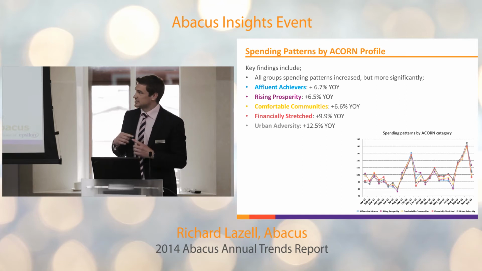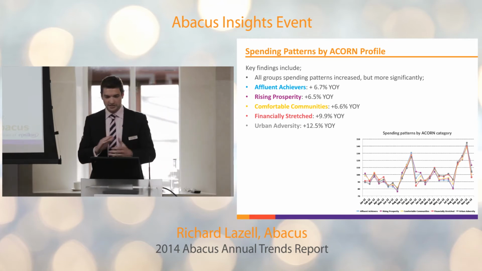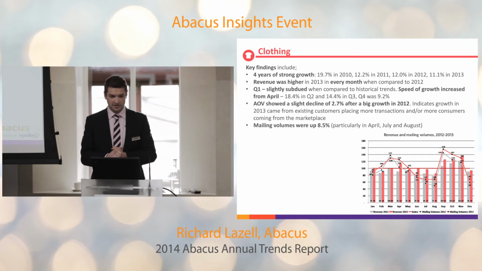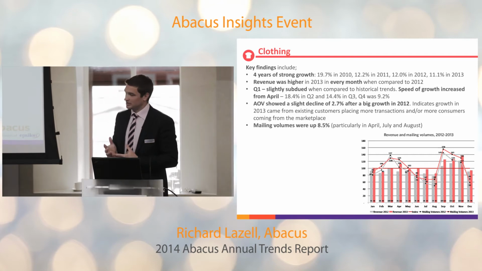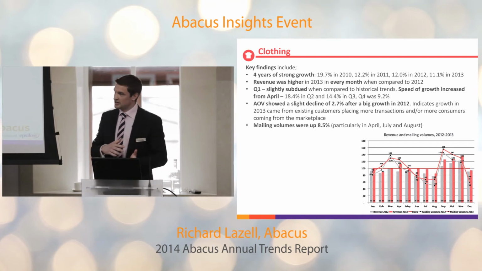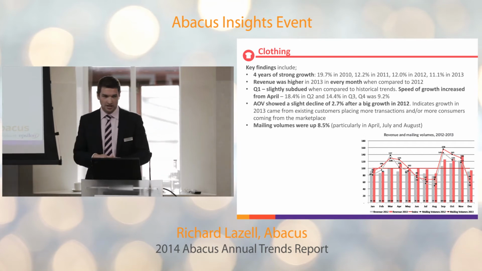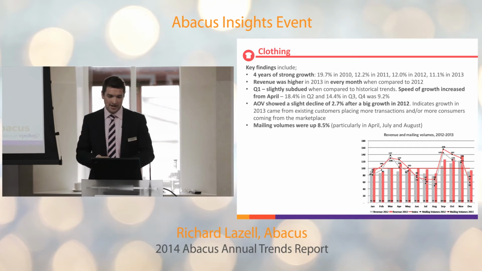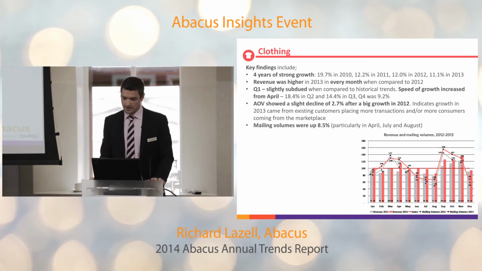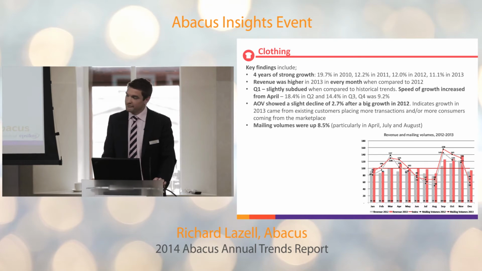Okay, so then we start going into the subcategories, and I won't go into all of them, just a couple that I thought were interesting, particularly clothing, which had a really stellar year last year. It grew continually for the last four years, and you'll see this in the report, and there'll be rationales behind why that happened, but a really good success story. Revenue was higher in every month compared to 2012.